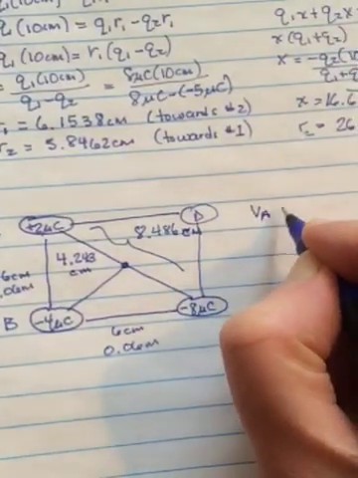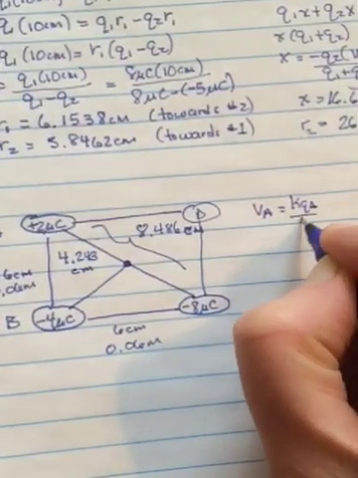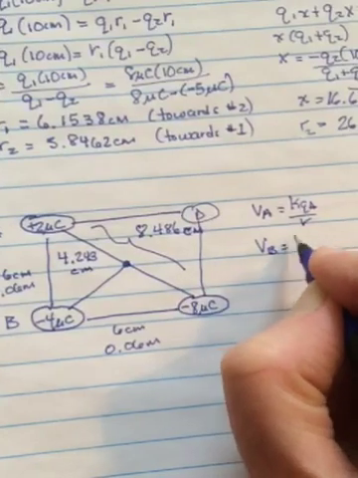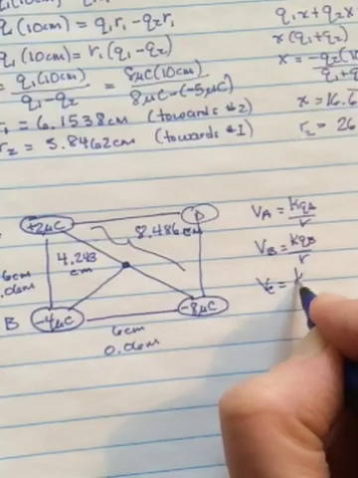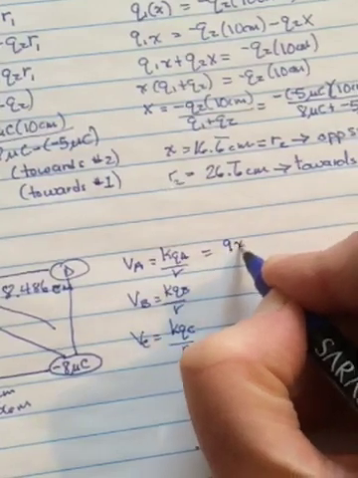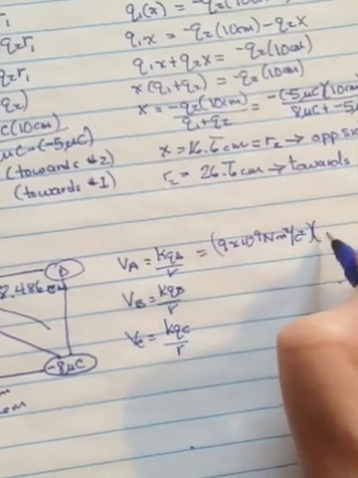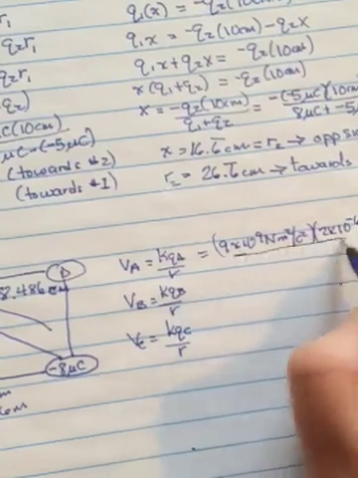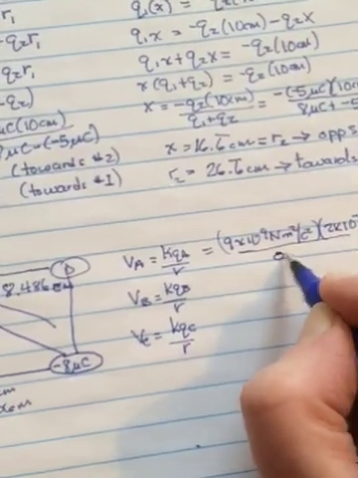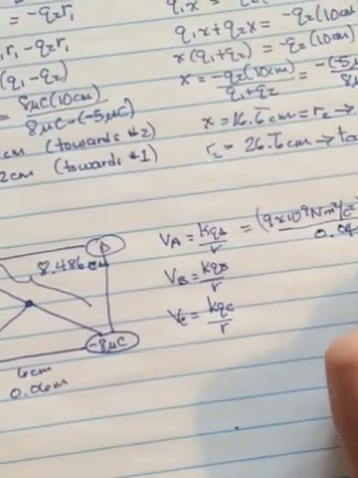You do VA. You find the potential from A at this point. So VA will equal QK over R. Then you do VB, which will be equal to KQB over R. And then you do VC, which will be equal to KQC over R. Okay, so 9 times 10 to the 9th newton meter squared per coulomb squared times the Q, which was 2 microcoulombs, times 10 to the -6, divided by 0.04243 meters.